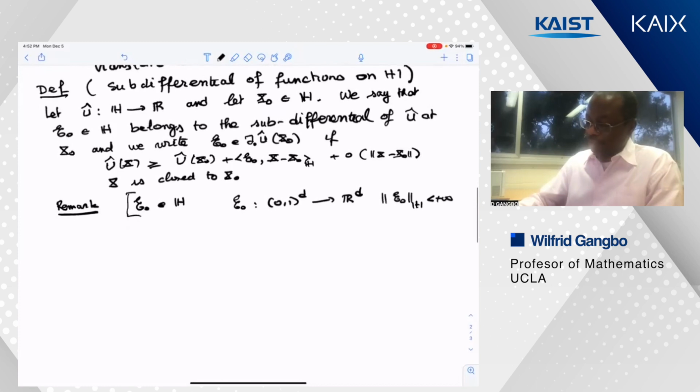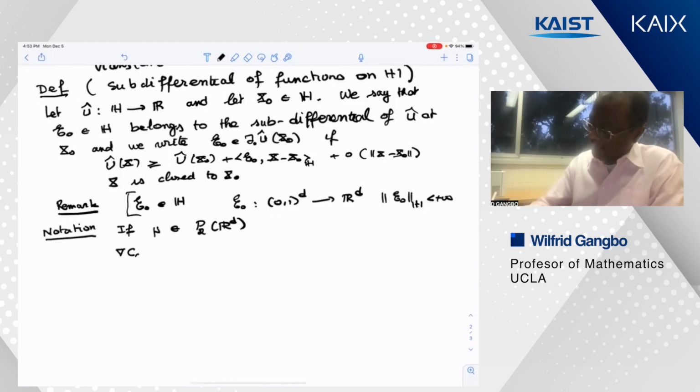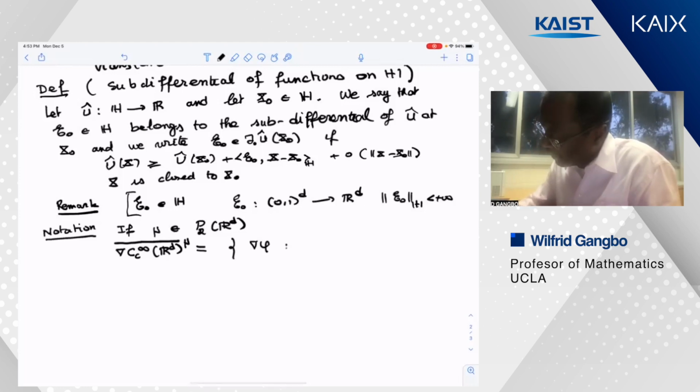I need the following notation. If mu is a probability measure on R^d of finite second moment, when I write the closure of the gradients of C infinity functions of compact support on R^d, I mean simply the set of gradients of phi, where phi is of class C infinity with compact support in R^d.